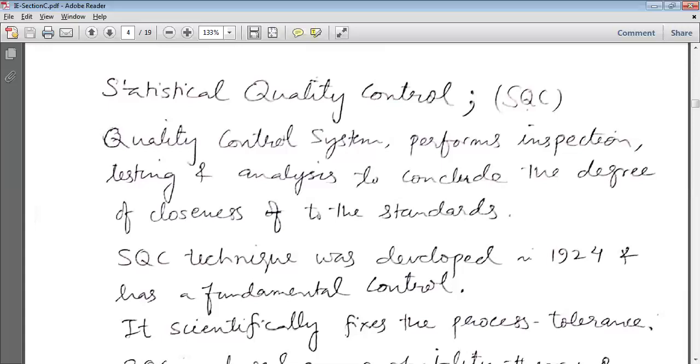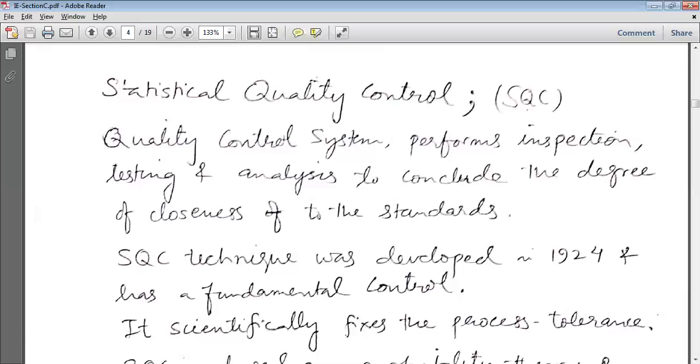A statistical quality control system consists of inspection, testing, and analysis to conclude the degree of closeness to the standards. That means if we are testing the quality of a product, the quality control system includes inspection of the part, then testing. Inspection may be visual, or by some scientific method. Similarly, testing may be manual, or mostly it is done by some devices.